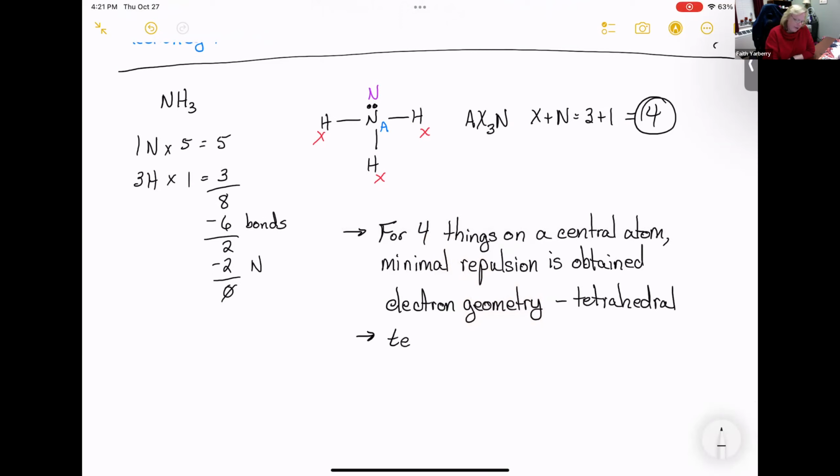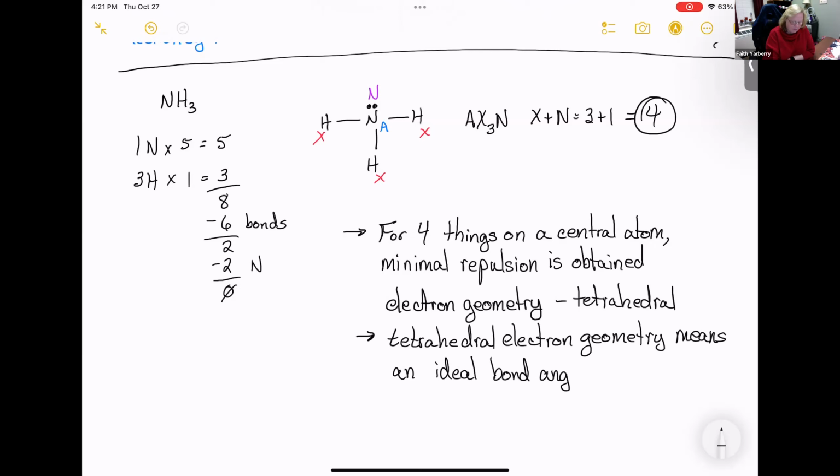A tetrahedral electron geometry means an ideal bond angle of 109.5 degrees.